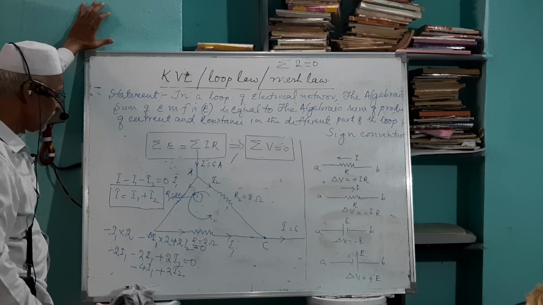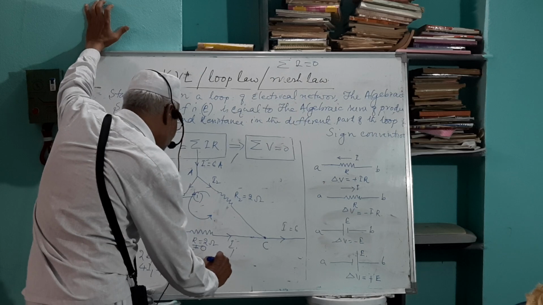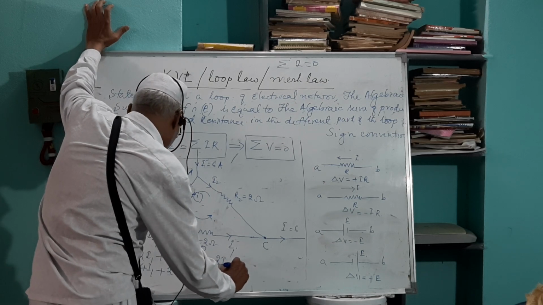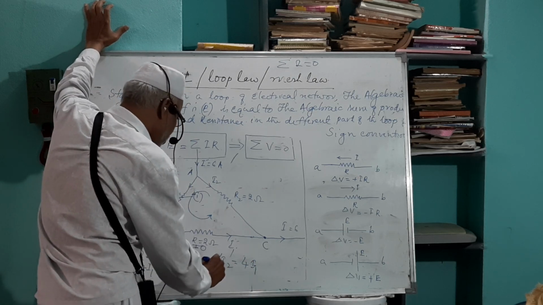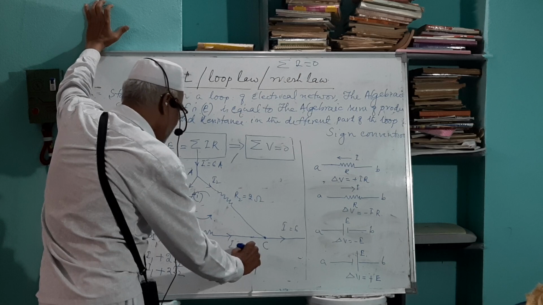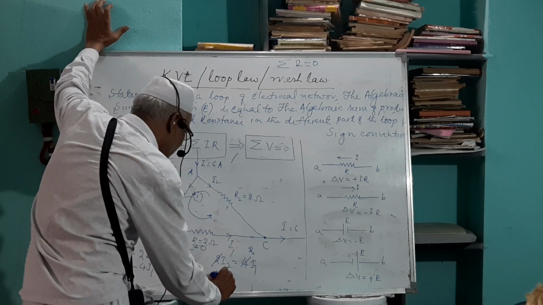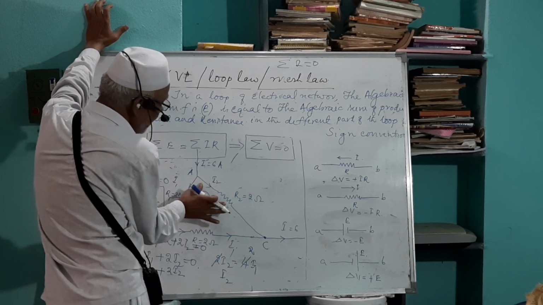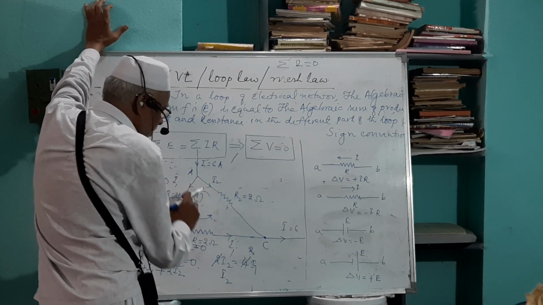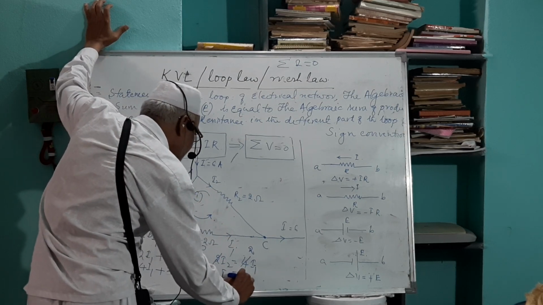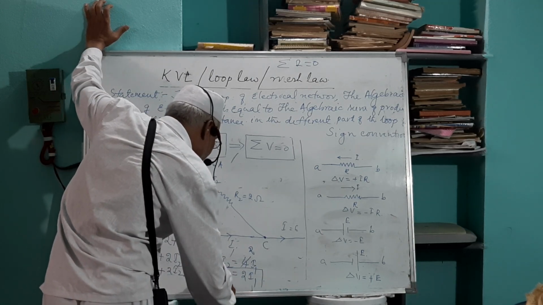Taking this term to the other side, 2I2 is equal to 4I1, so I2 is 2 times I1. So the current in the second branch is 2 times I1. So you got this I1 and I2 relation.